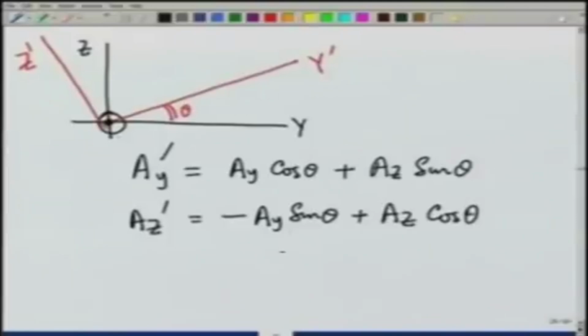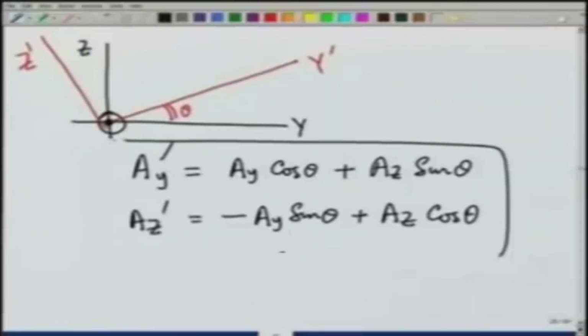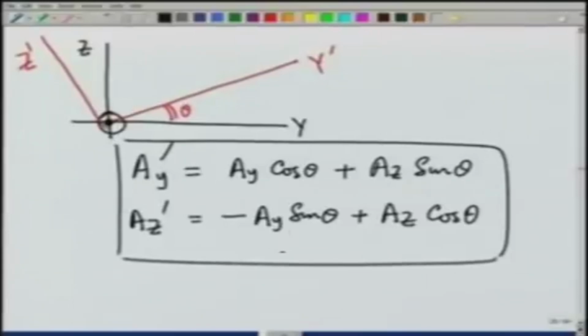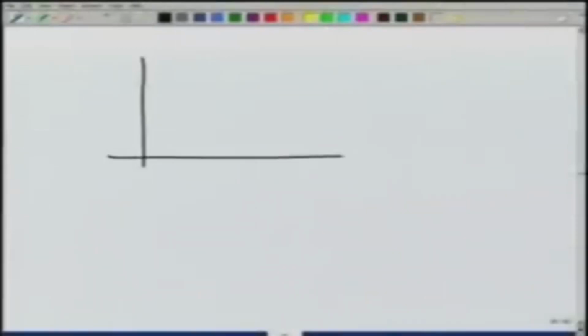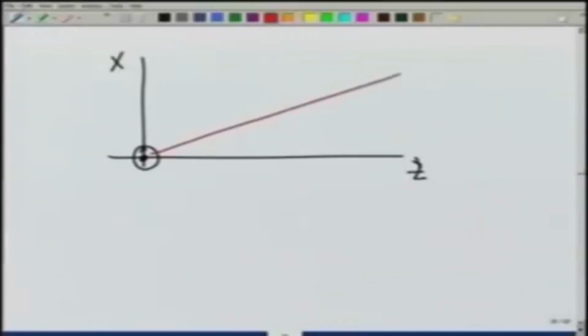Similarly, if I rotate about the y axis, let us do that. If I rotate about the y axis, this is going to be x axis, z axis, y axis coming out, and make my new z prime and x prime axis like this.